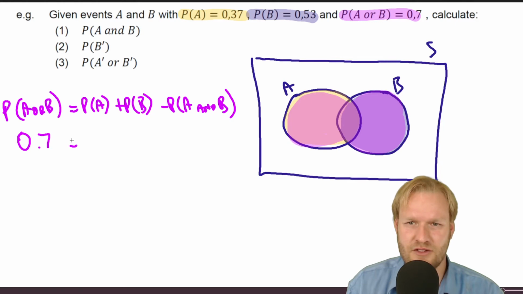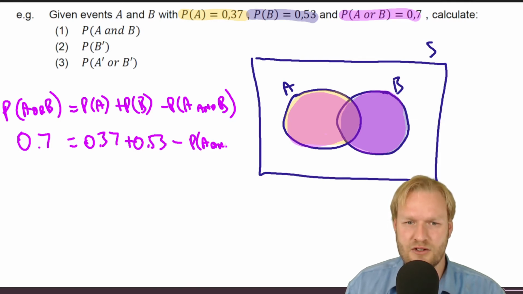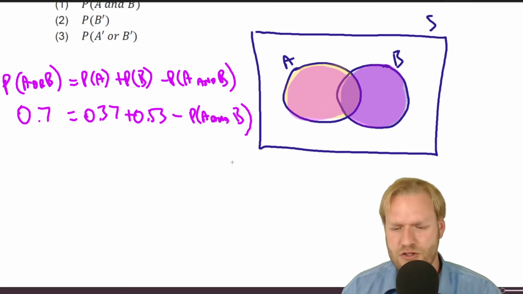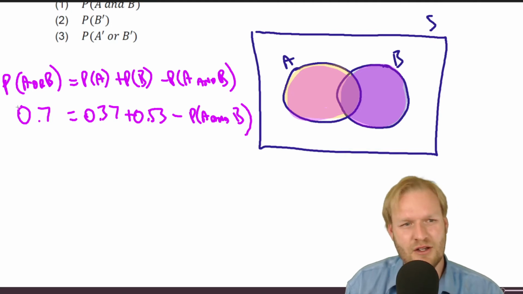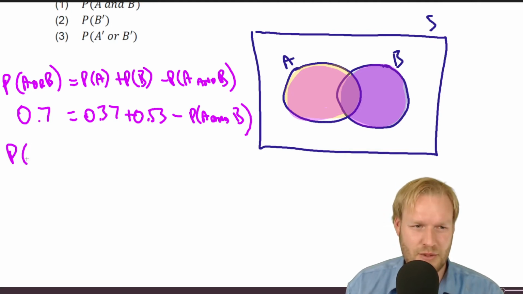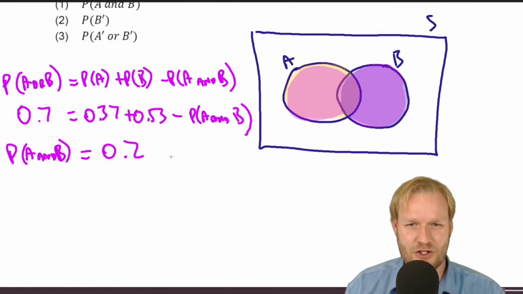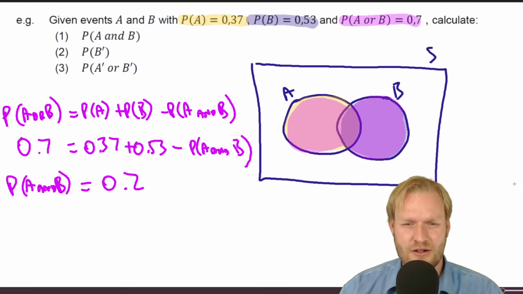So 0,7 equals 0,37 plus 0,53 minus P(A and B). So doing it with our formula just gets us all the way there. 0,37 plus 0,53 gives us 0,9. Subtract from each side, so the probability of A and B is 0,2.